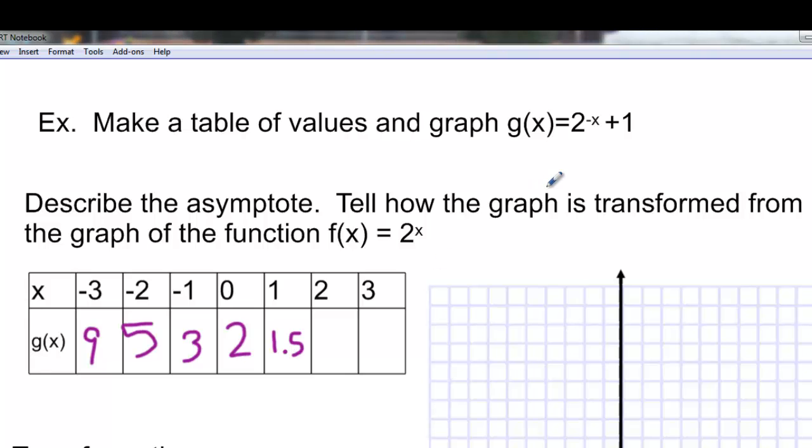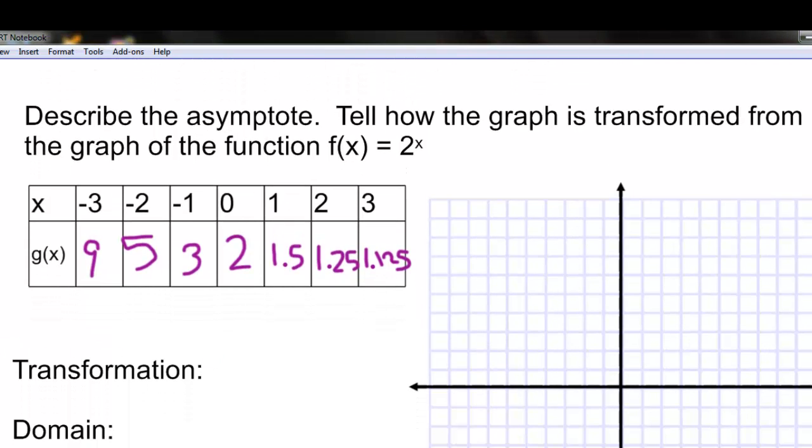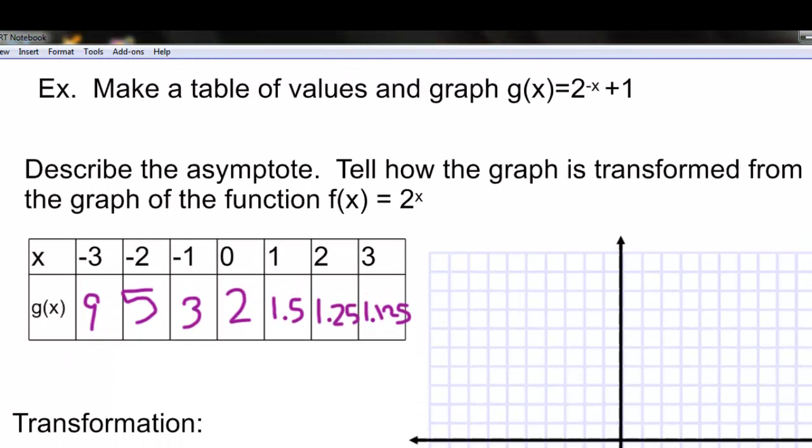And if I plug in 2, I get 1/4 plus 1, that's 1.25. And if I plug in 3, I'm going to have 2 to the -3 plus 1. That's 1.125.